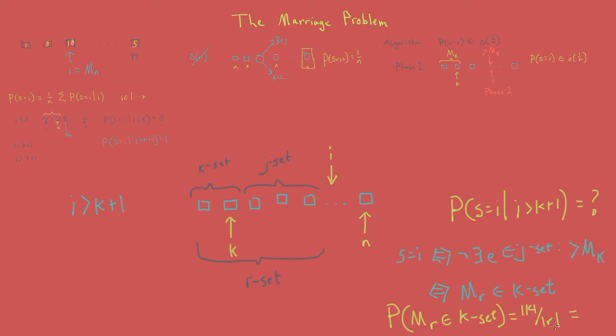The size of the K set is k. And the size of the R set is I minus 1 because we're assuming that the R set is every element up to I. So we now have an expression for every one of these conditional probabilities. So therefore we now have an expression for the probability that our algorithm succeeds.